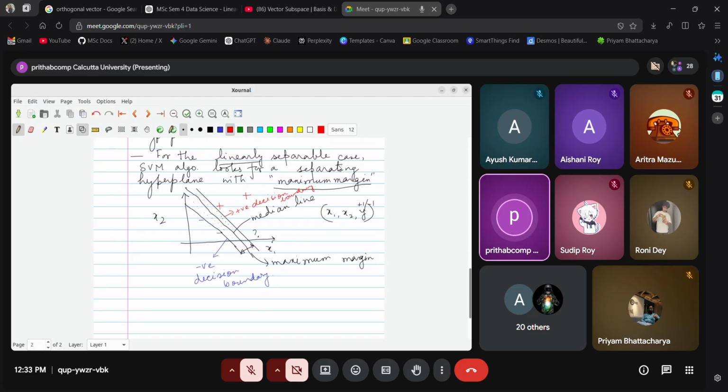So let's call this part D plus, I mean, this portion from the median line to the positive decision boundary. Let's call this distance D plus. Similarly, this distance, let's call it D minus.